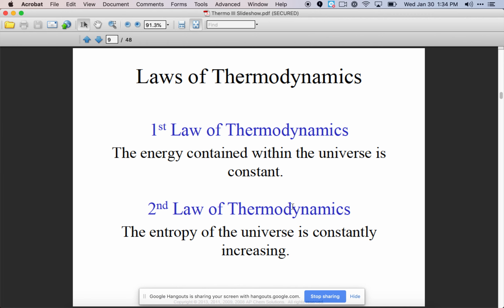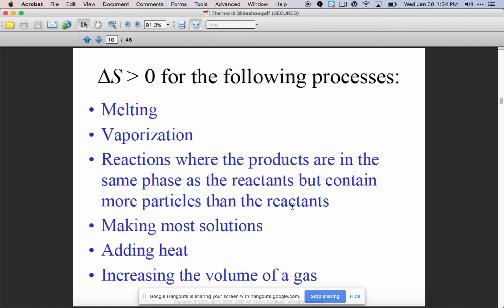I would know that entropy should be constantly increasing. You should know how entropy increases. They give you some examples here, and these are all examples where you're going from less disorder to more disorder, so always try to think about that when you're thinking of entropy. Does anybody have any questions on this slide?